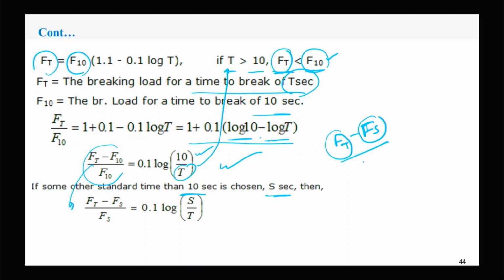Dividing by Fs and multiplying by 100 shows the percent change in breaking load when we change the speed of extension.